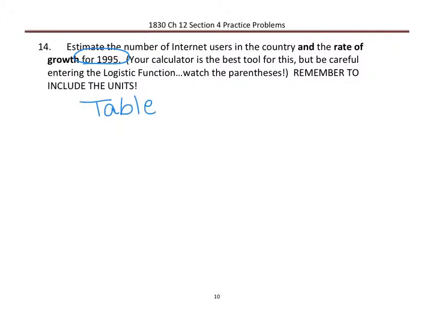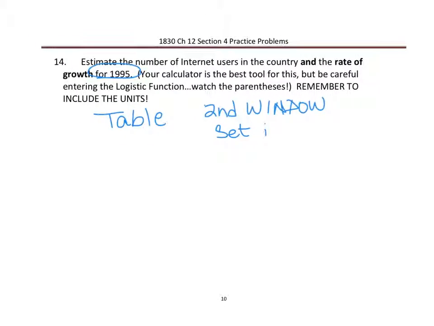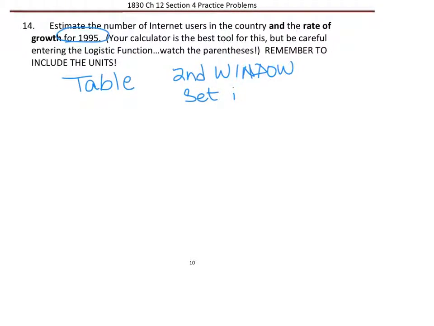And we want to first go to second window and set the table where it says independent, to ask. And the dependent will be on auto.